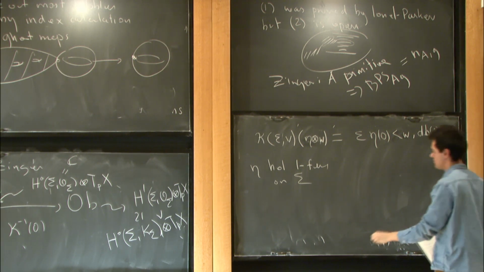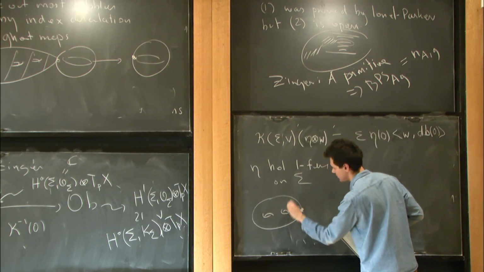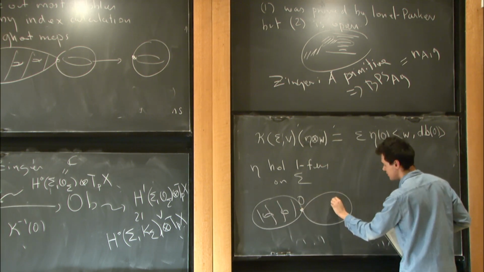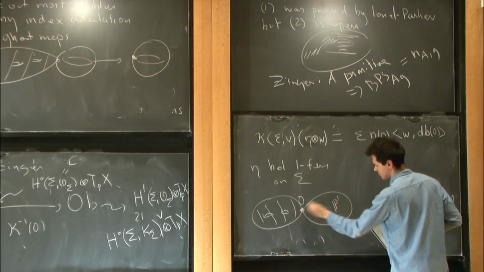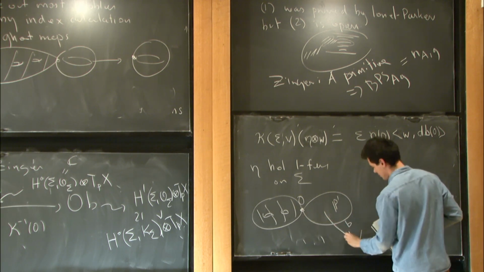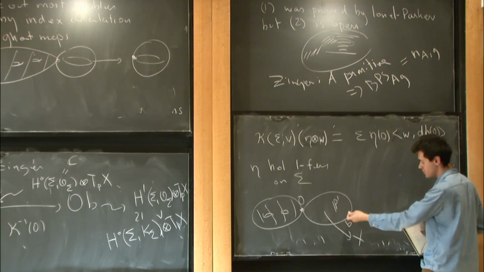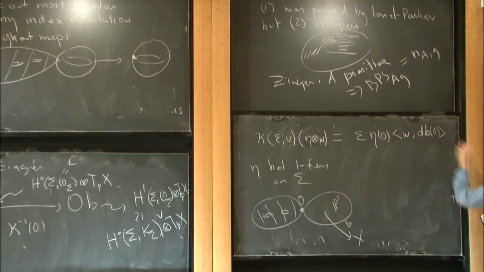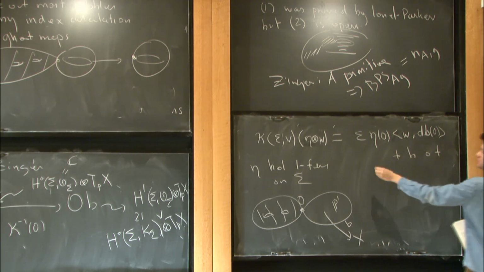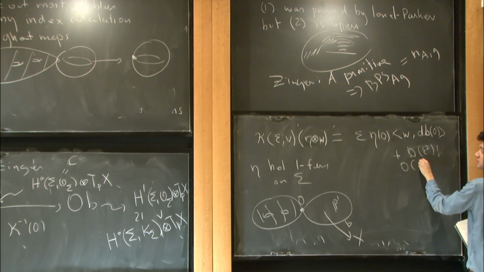So I have two components: I have this ghost component and the point 0 here. That corresponds to a point in P1, which I also call 0. And this map is the bubble map. On this component the map is constant, and on this component it's some non-constant map, which I call B. What you do is take the derivative of this and evaluate it at 0. And then there are some higher order terms, O of epsilon squared and O of V.